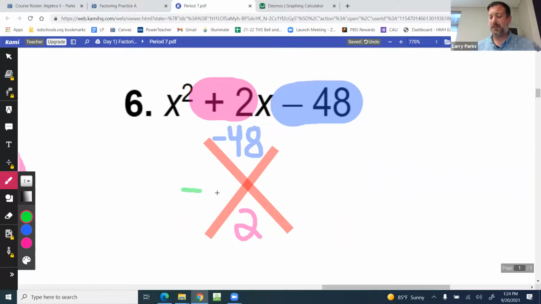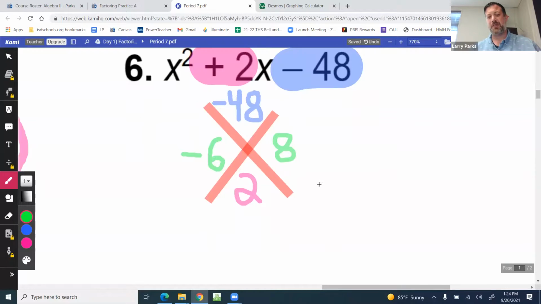Let me think. 6 go into 48? Yeah, that's 8. Negative 6 and 8. And as soon as these numbers are super close, that means that you're just going to end up repeating the opposite. So once these are about the same, you can kind of stop. But luckily, negative 6 plus 8 is 2. So those are my special numbers.